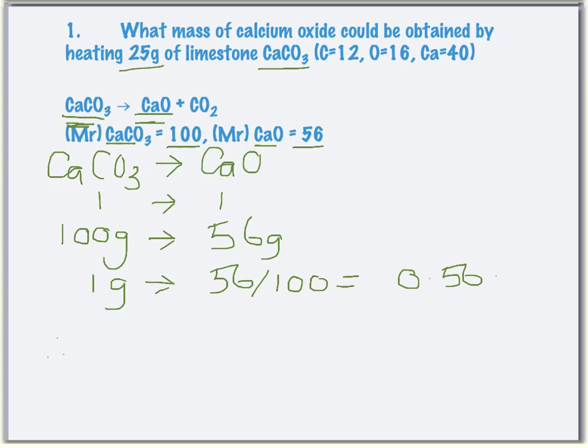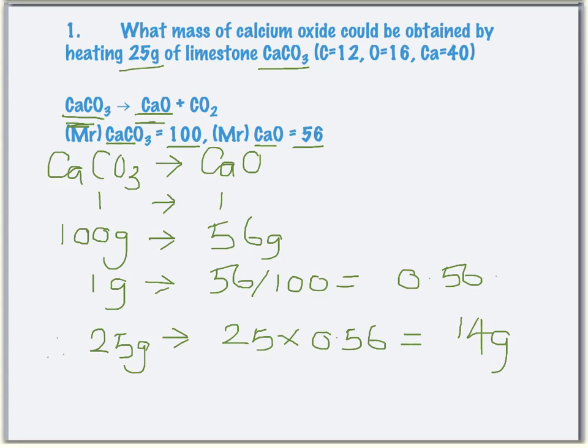Therefore, 25 grams of calcium carbonate, the limestone, will be the same as 25 times 0.56, which, if you plug those numbers into your calculator, you will find is 14 grams.